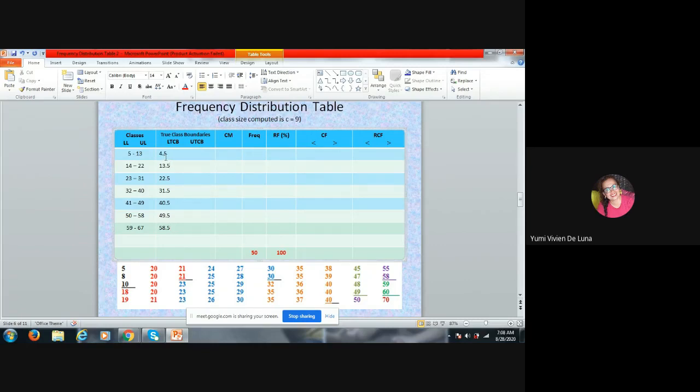Okay, next will be your UTCB. Take note ha, yung 0.5 nag-subtract tayo sa lower limit. To get your UTCB naman, mag-a-add naman tayo ng 0.5 sa lahat ng upper limit.